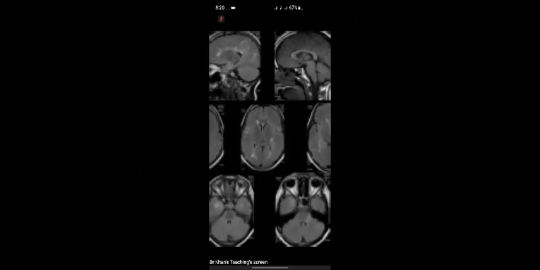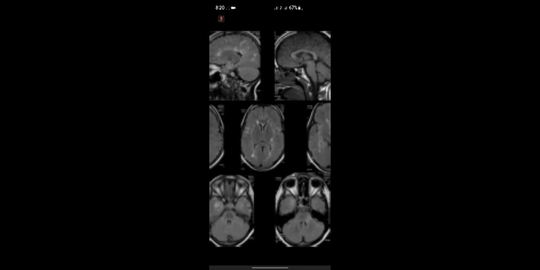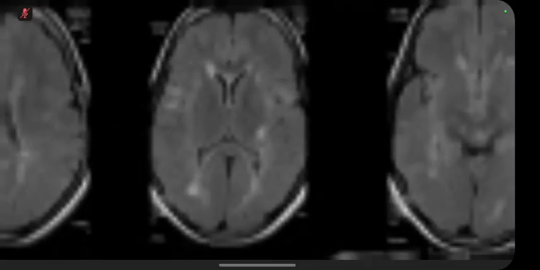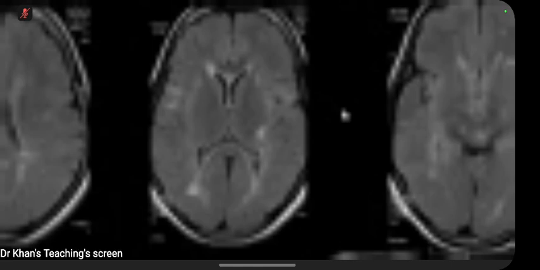This is the superior cerebellar peduncle, which is the connection between the cerebellum and the midbrain. Again, some studies have told us that there is high specificity if there are plaques there. At times you will see them on axial sequence also. So these are the features for which it was correctly pointed out that this goes in favor of MS.